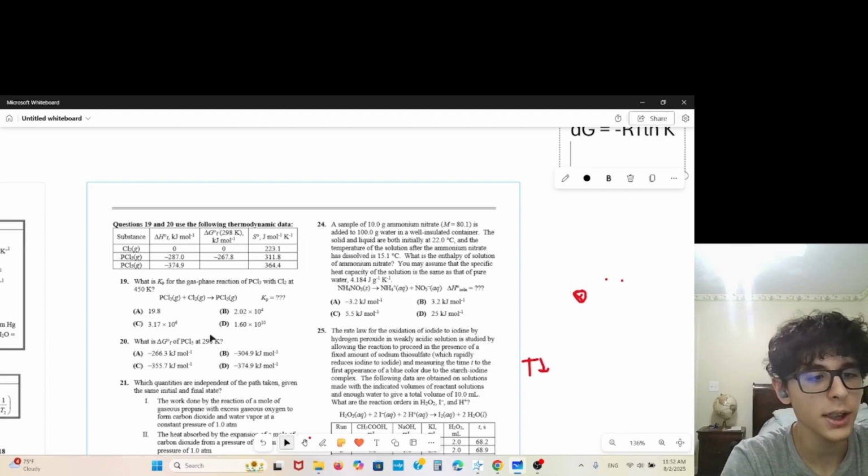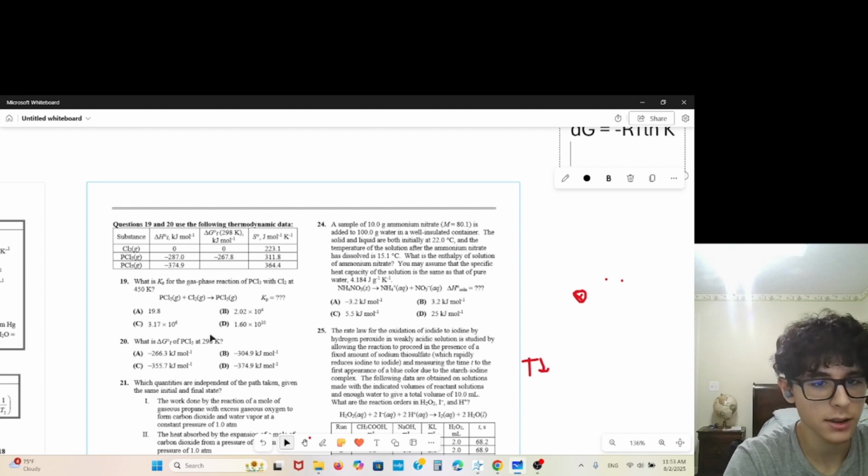Okay, so negative 87,900. Be careful of your sign here. Minus negative 76,725. You get negative 11,175. You're going to divide that by negative 8.314. This is the thermodynamic ideal gas constant.